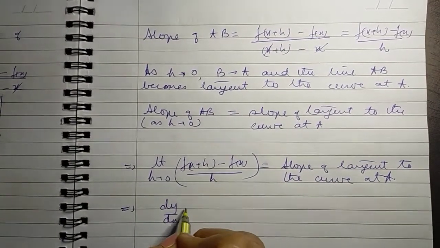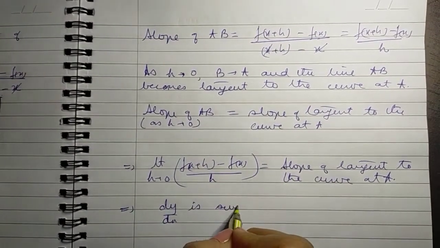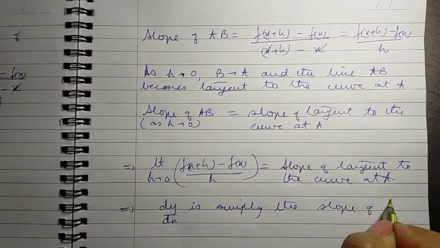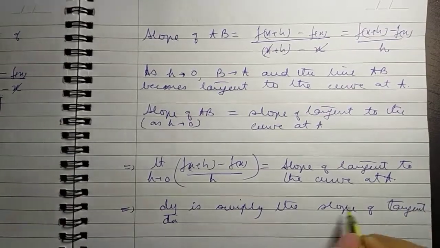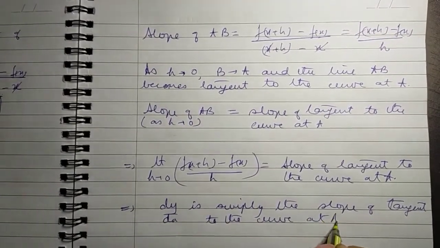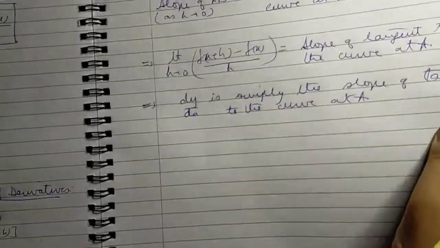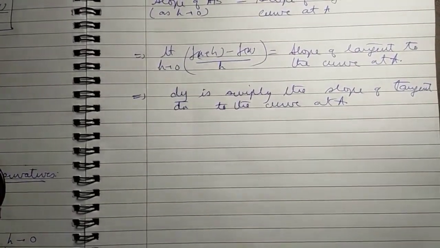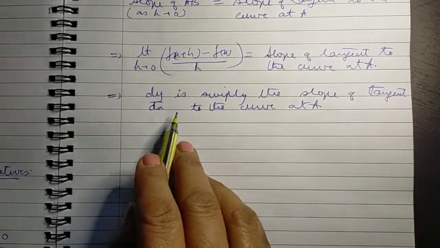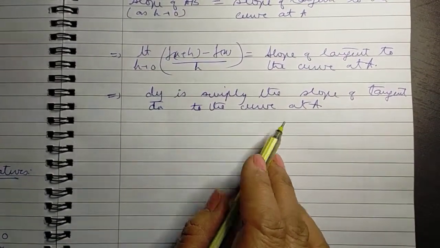So dy by dx is simply the slope of the tangent to the curve at A. So this is the geometrical interpretation of derivative: derivative gives us the slope of the tangent to the curve at a particular point.